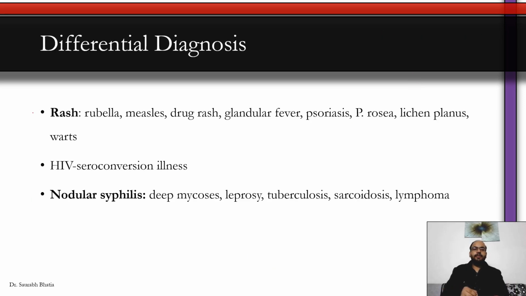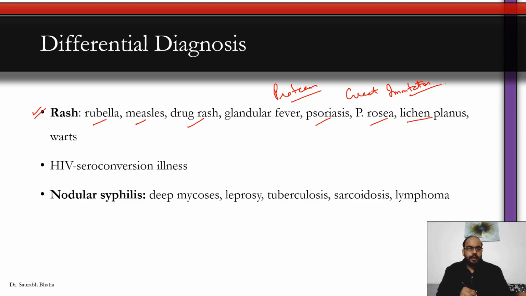The differential diagnosis of rash is multiple. It can be infectious like rubella, measles, or non-infectious like drug rash. If the rashes are significantly scaled and crusted, it can mimic psoriasis, pityriasis rosea, in fact, lichen planus, because they have a lichenoid hue. They also have a lesional erythema. So these kinds of differentials are present. That is why we call secondary syphilis protean or the great imitator.